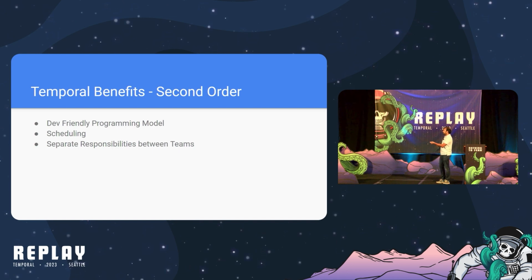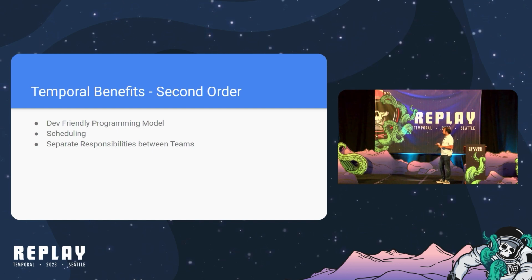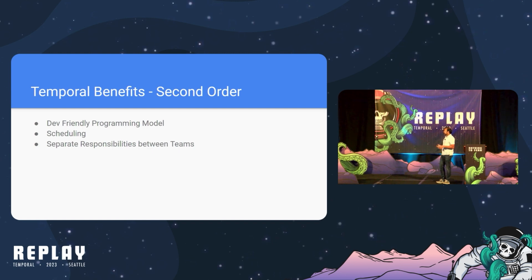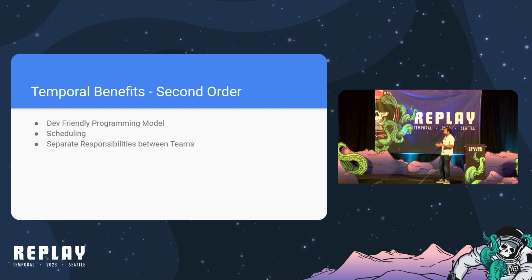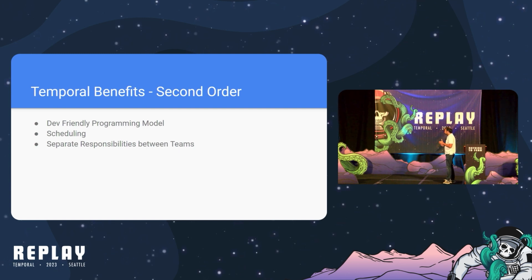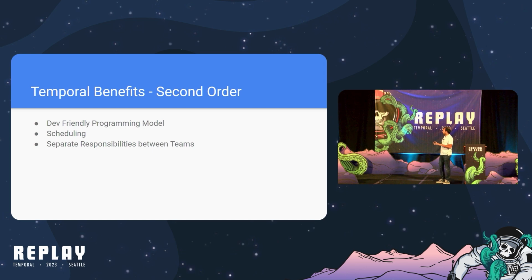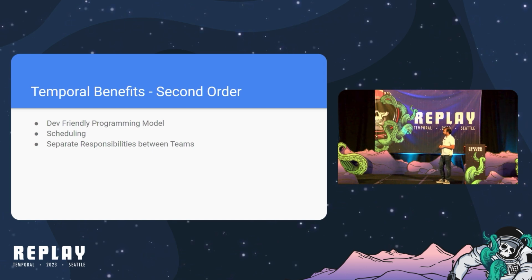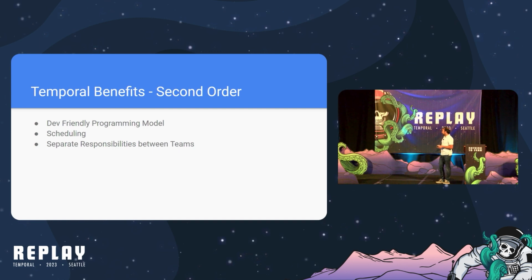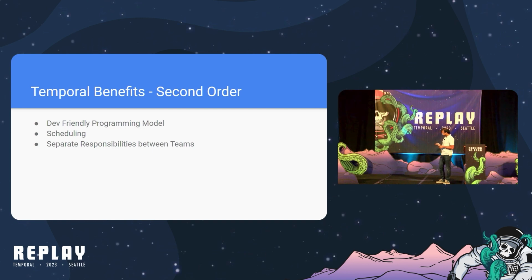So you can write these cron jobs as well, one of the benefits of Temporal. And obviously, when you work in a software company, all this is not done by a single team. Multiple tech teams are involved, and Temporal helps you have separate responsibilities between teams, so you can create your own activities or child workflows in different teams.